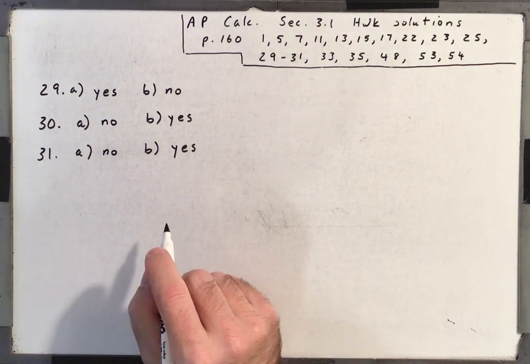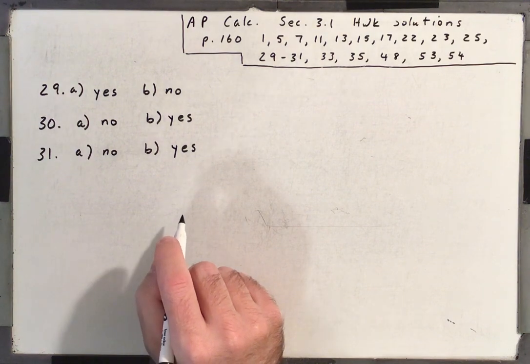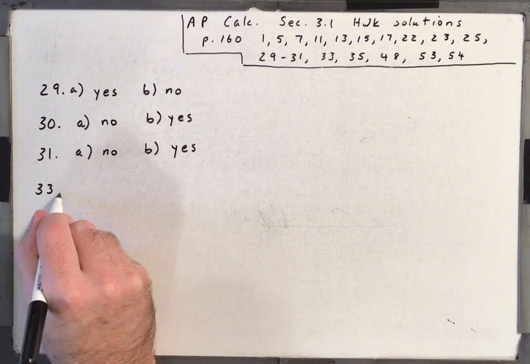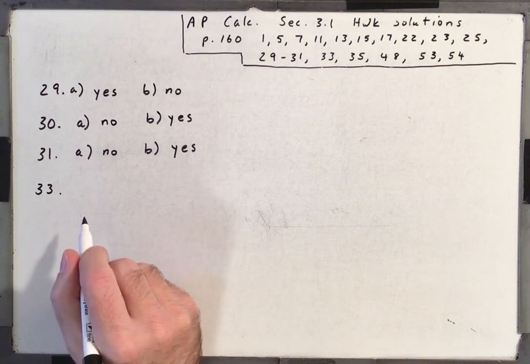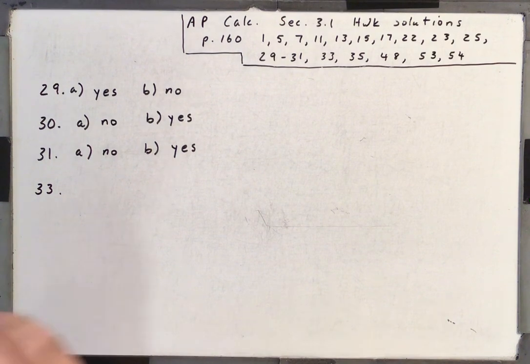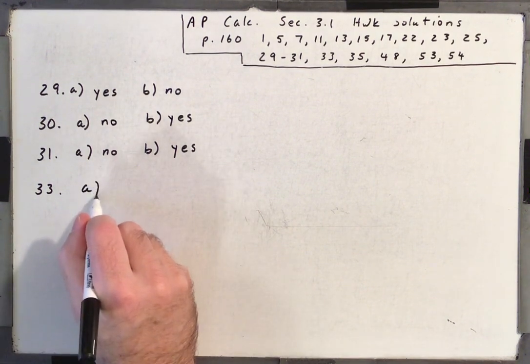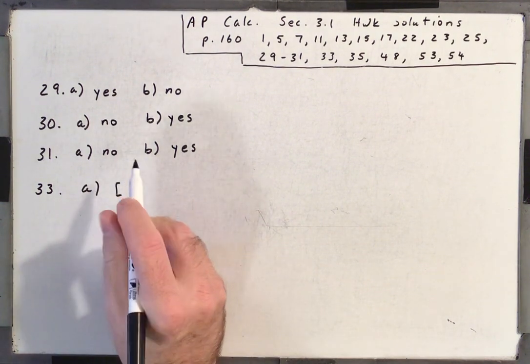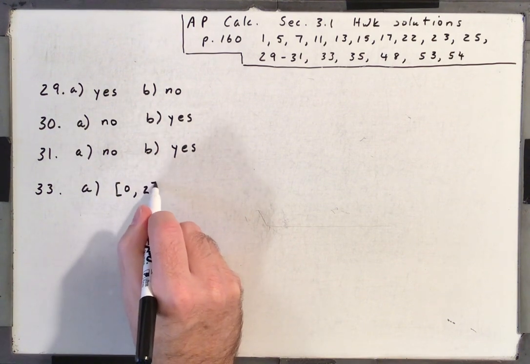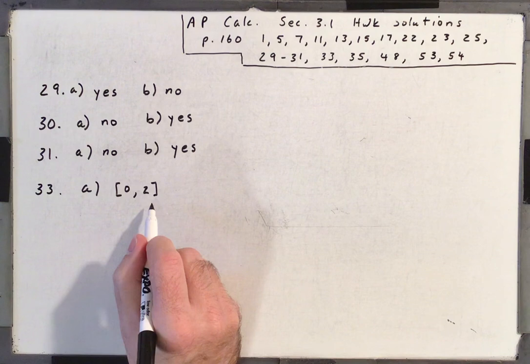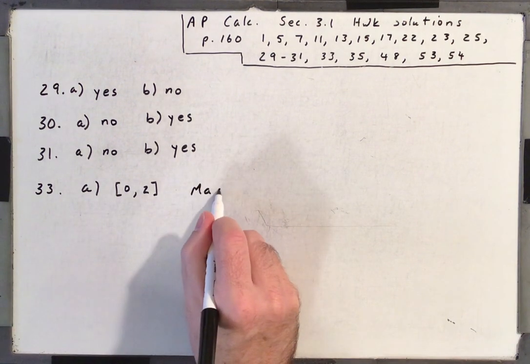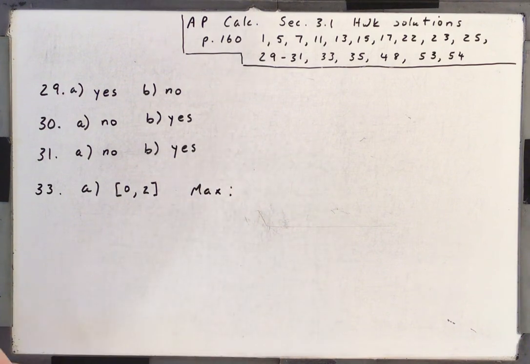Okay, so we are now at number 33. For part A, the interval is 0 to 2, and it's a closed interval. What is the max and what is the min? In a closed interval, you will have a max and a min.